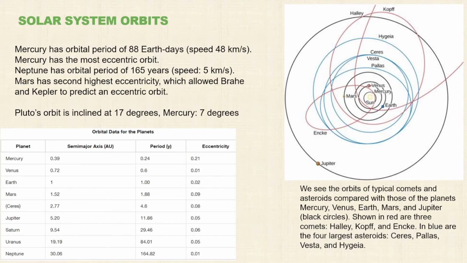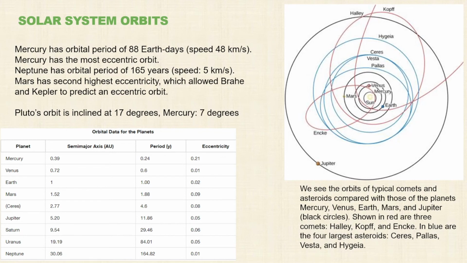He would just assume they are circular. But because Mars had the highest eccentricity, that's a lucky coincidence, and that helped him.